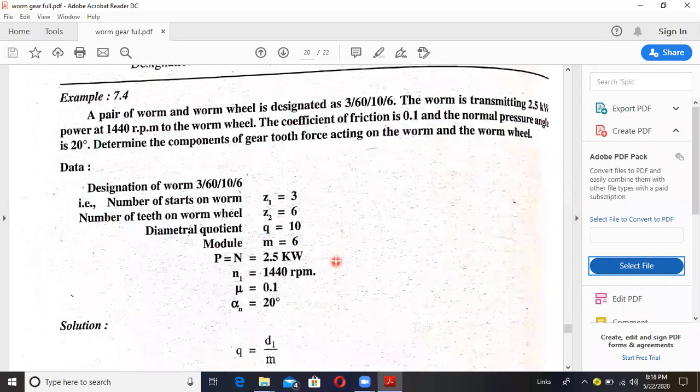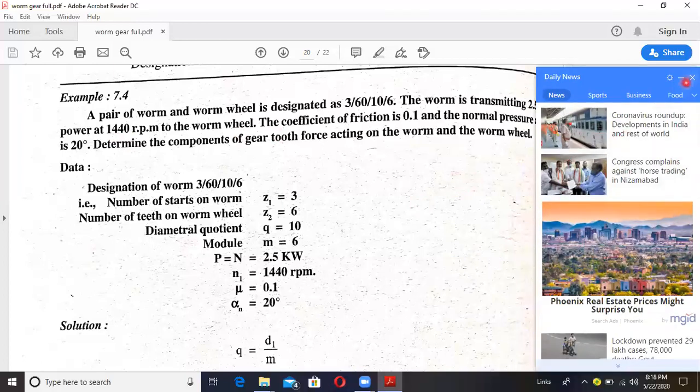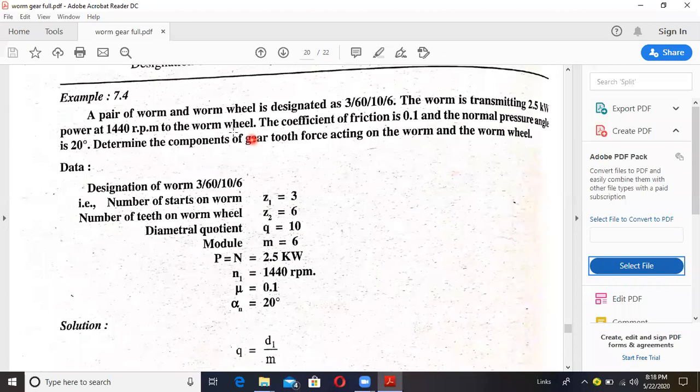Next, they told that the worm is transmitting 2.5 kilowatt power at 1440 rpm to the worm wheel. Here already we discussed that the worm is the driver, the worm wheel is the driven. Therefore, the power is transmitting from worm to the worm wheel.